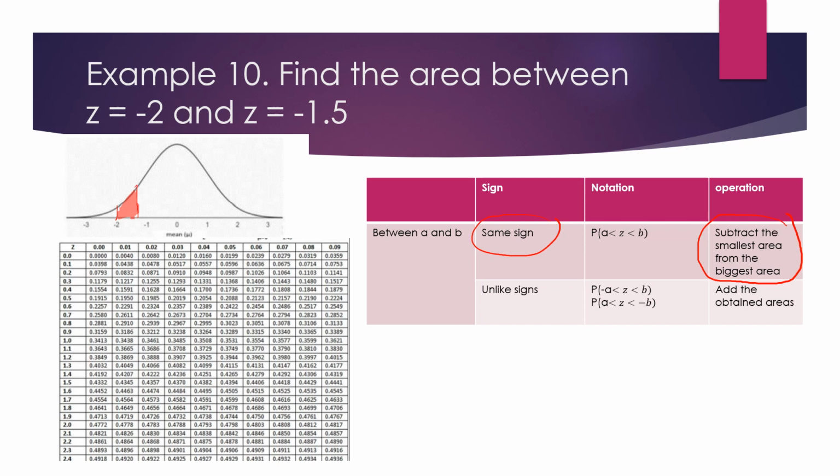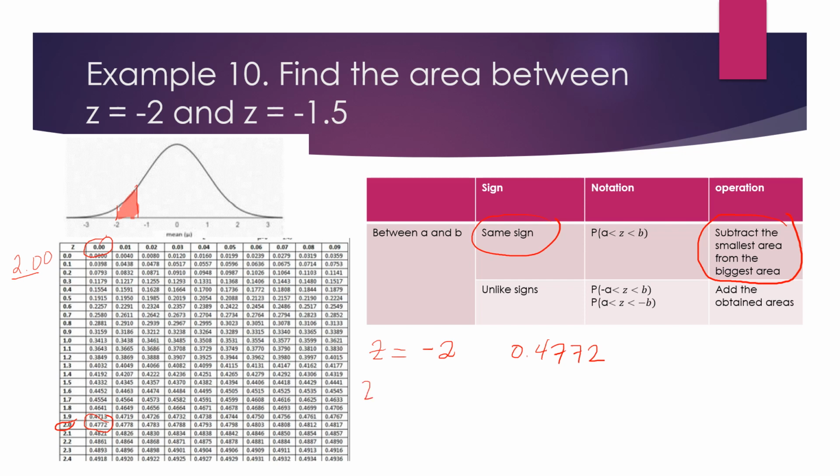First, we will find the area of z equals -2. And z equals -2 is 2.00. Let us locate 2.0, this one, and this one. Its intersection is 0.4772.